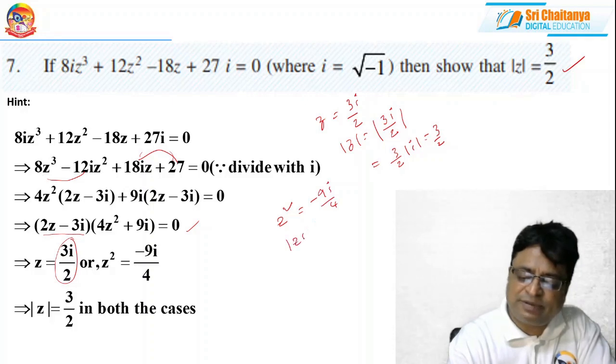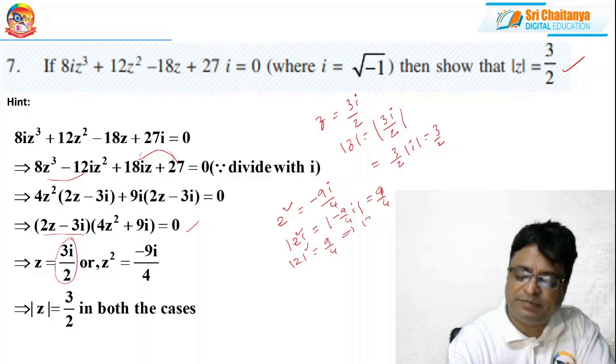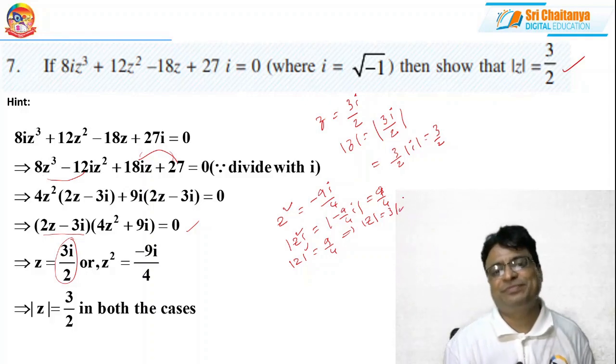So mod z square is equal to mod minus 9 by 4 i, which is 9 by 4. So mod z whole square equal to 9 by 4. Mod z is equal to 3 by 2. So in both cases I get the answer as what? 3 by 2. That's why.